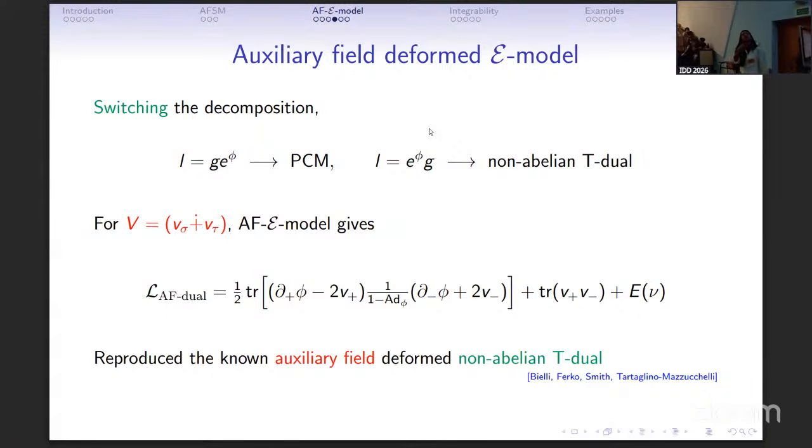And it actually follows that if you do this even for the deformed case, it reproduces the auxiliary field deformation for the non-abelian T-dual, which was done in the last 2 years by Daniele, Chris, Liam, and Gabriele.